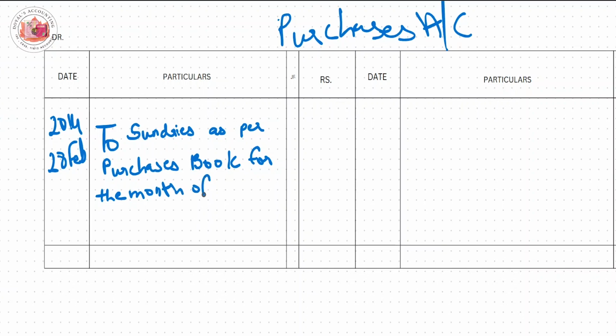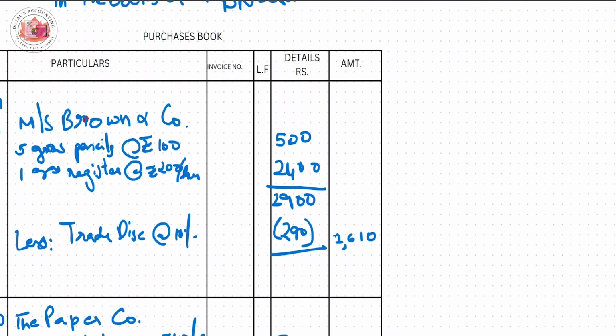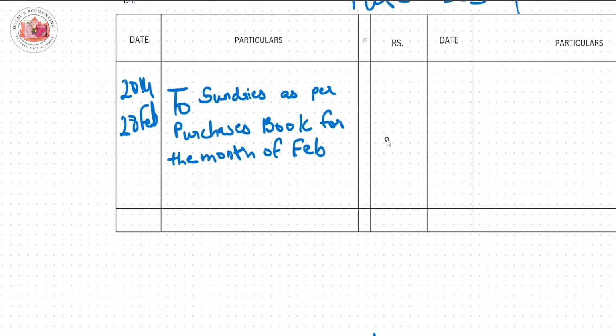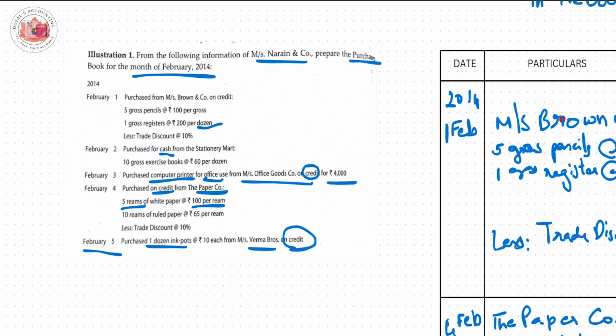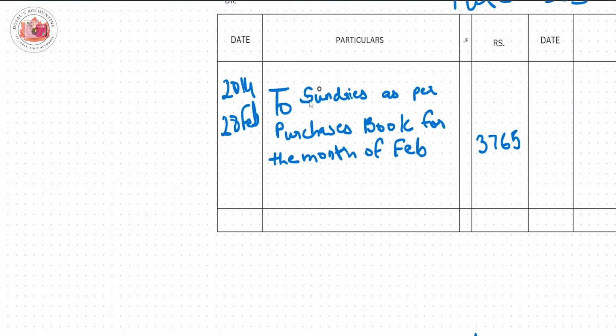And what was my amount? It was 3765. Okay, so I will write my amount here as 3765. I can also record the cash purchase in my purchases book. 2nd February, 60 per dozen, and I ordered 10 dozens. But this is the main entry, okay?